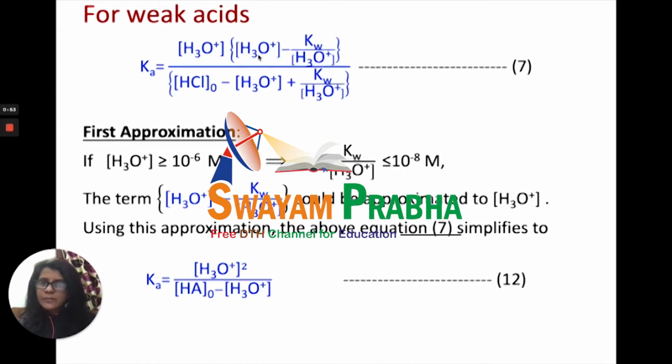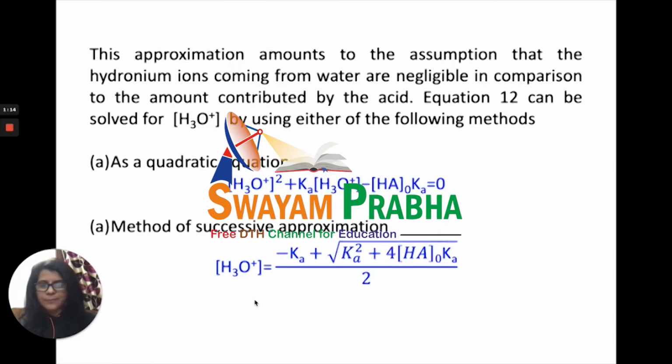So we are left with only H3O plus in the numerator inside the brackets, and in the denominator we are left with HA naught minus H3O plus. So the expression that we get for Ka finally is H3O plus square divided by HA naught minus H3O plus.